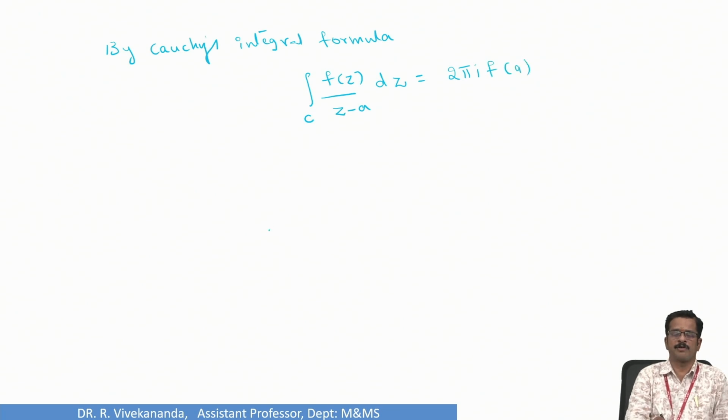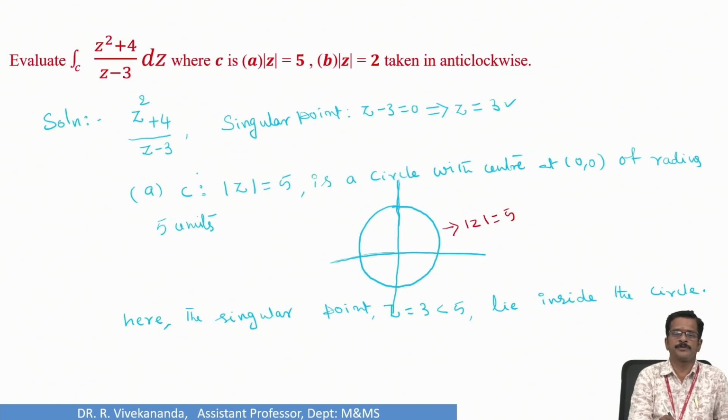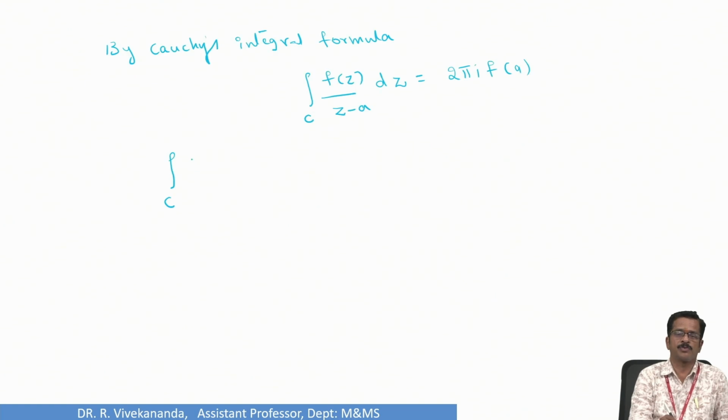We are applying Cauchy's integral formula for this integration over C. What is f of z here? f of z is z square plus 4, and z minus a means z minus 3, so the integral equals 2 pi i into f of 3.